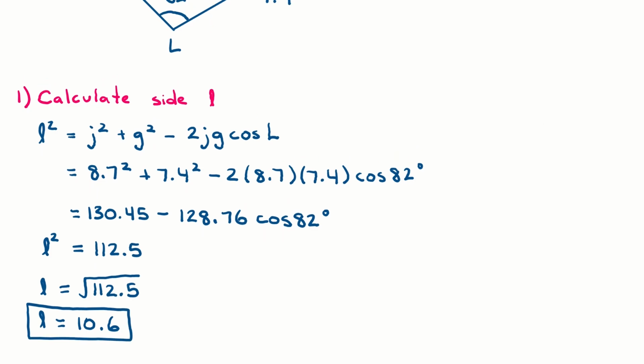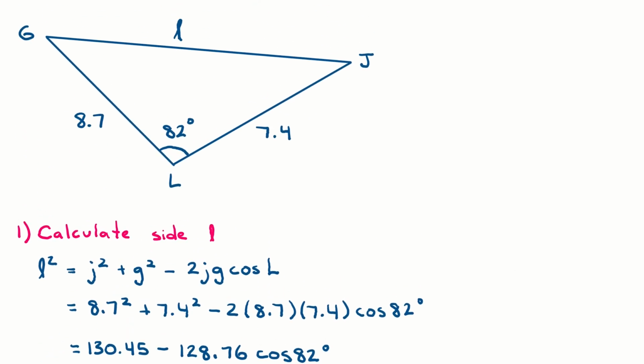So now we can go back and see how this affects our triangle. So up here, we know that that side is equal to 10.6. Now we actually have a triangle where we have an opposite side, opposite angle pair, which means we can use sine law. And sine law, I think, is a bit easier. So let's switch over to that to find angle, let's say, J.